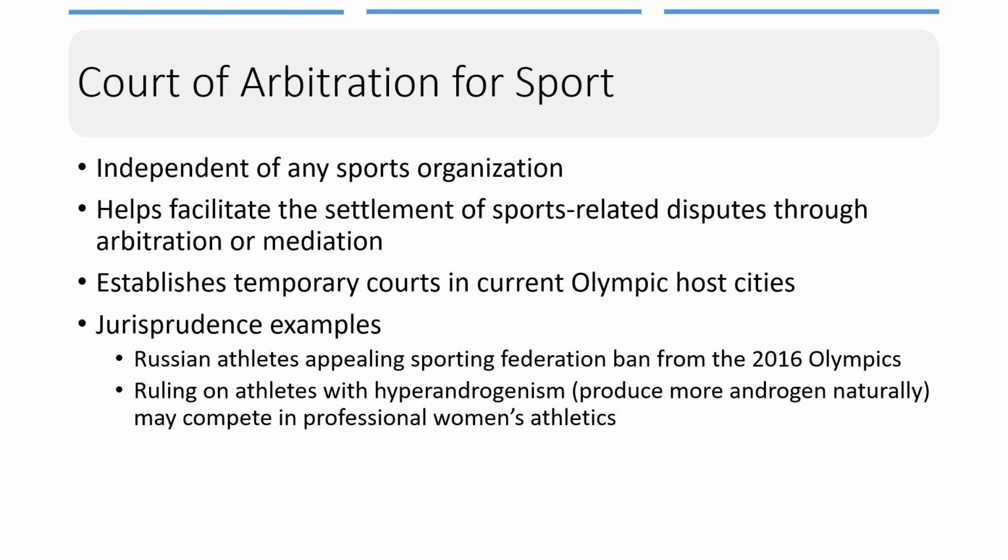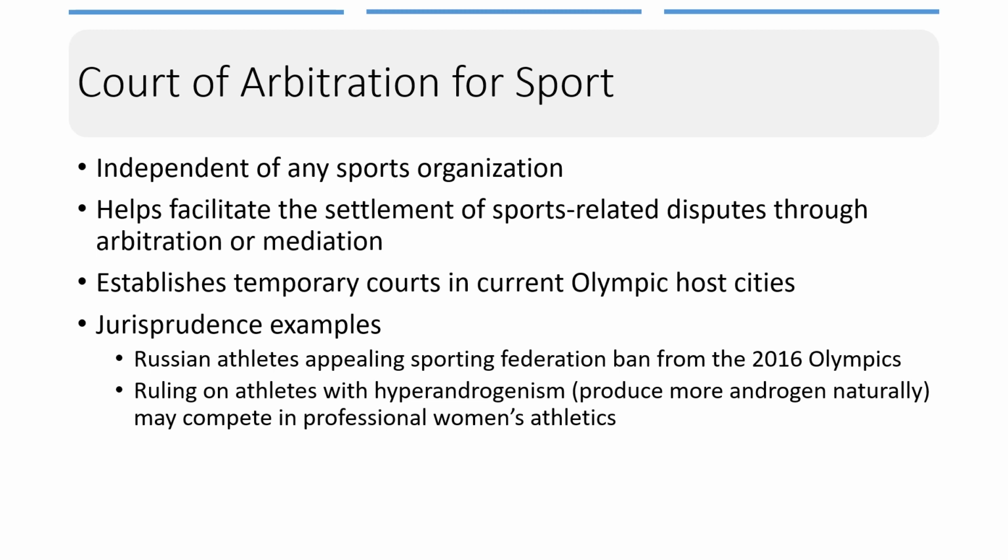Right? If the sanction seems unfair, if that's not right, is there a way to appeal to WADA or other organizations? And yes, we have the Court of Arbitration for Sport, or CAS, which is an independent entity separate from any sports organization.